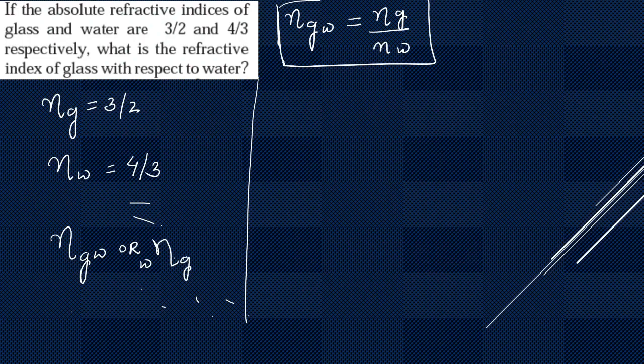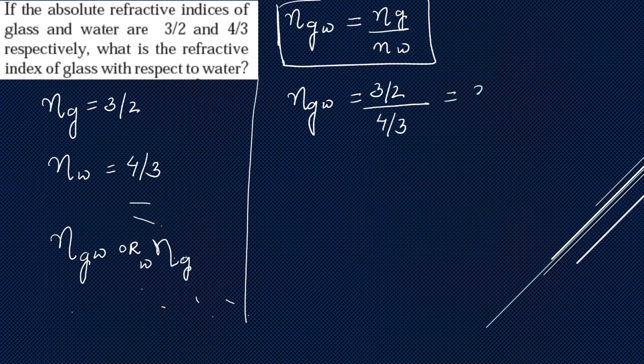So now how will we work this out? How did we arrive at this formula? Just put in the velocities. The refractive index of glass with respect to water is the refractive index of glass, 3 divided by 2, upon the refractive index of water, 4 divided by 3.